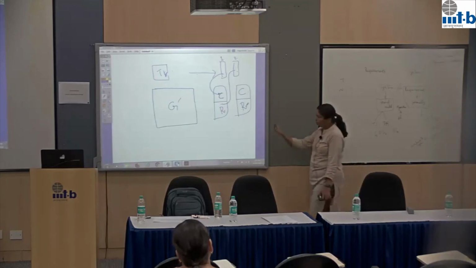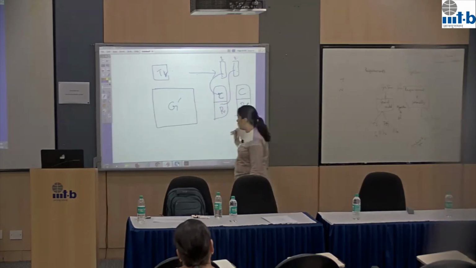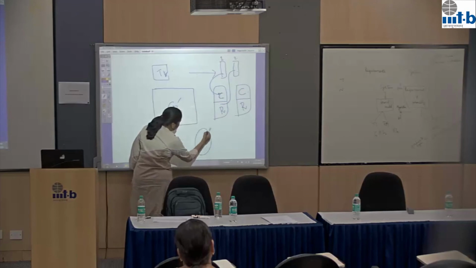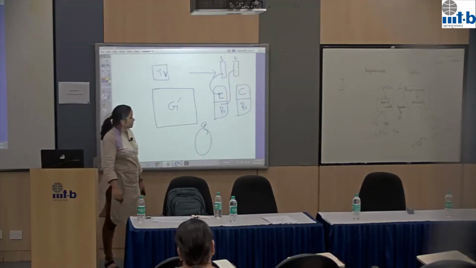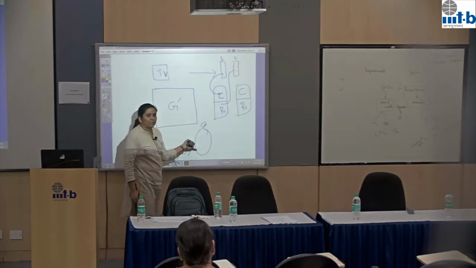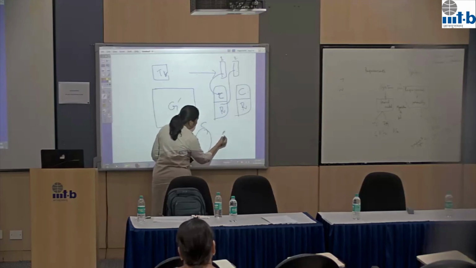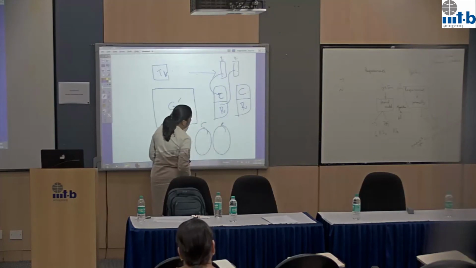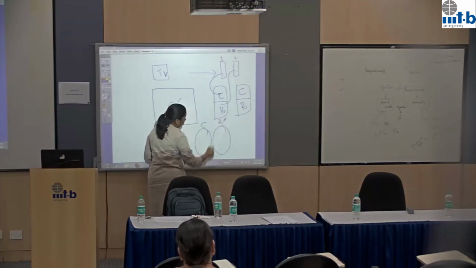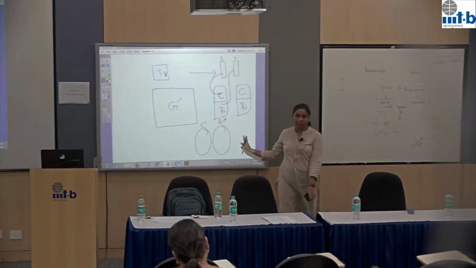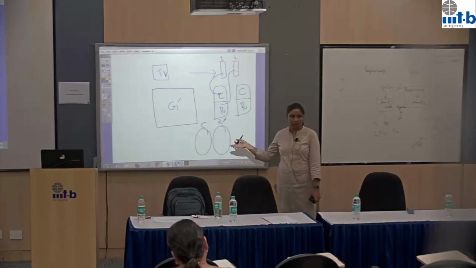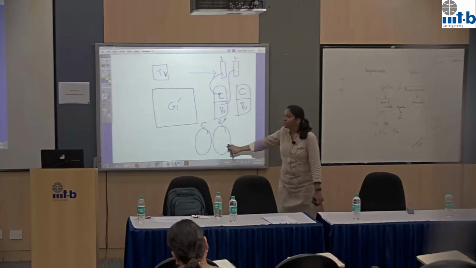So we have a set C, which can be deleted or recolored. We have another set R, which are the vertices that can be deleted or should retain their color, not be recolored. Okay, so we'll consider these sets.